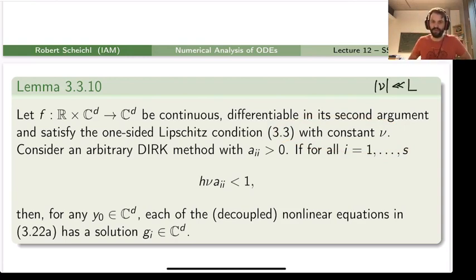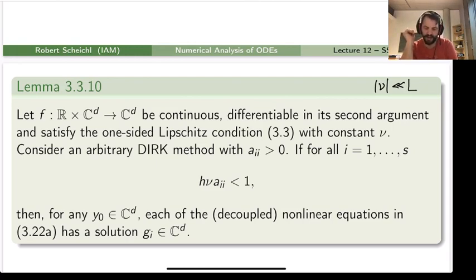In fact, nu for stiff ODEs is always negative or 0, and therefore we're talking about very small. Nu is sort of the eigenvalue that's closest to 0, the smallest negative eigenvalue, and L typically represents the largest negative eigenvalue.